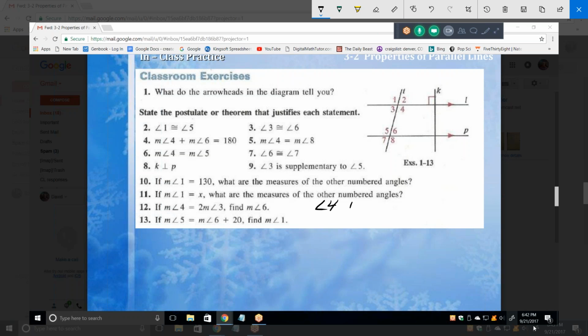Well, angle 4 is twice the measurement of 3, then 2 times angle 3 plus angle 3 has to be 180. Oh, hold on. I did that wrong. Let me go back here.